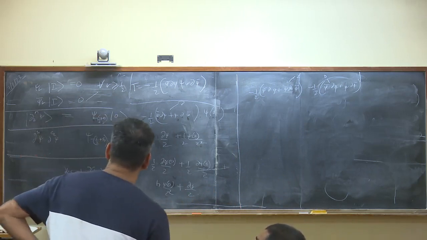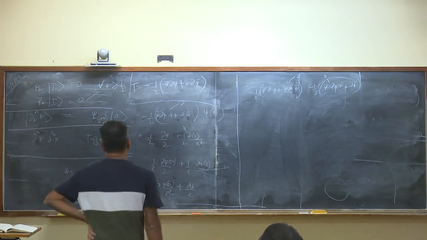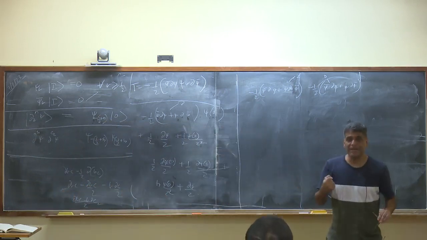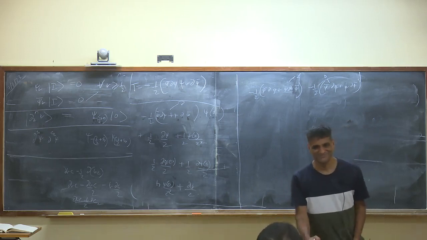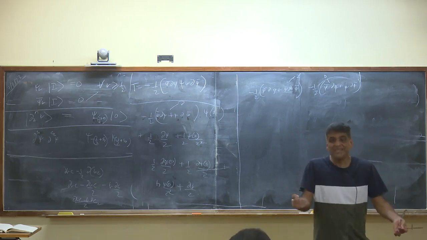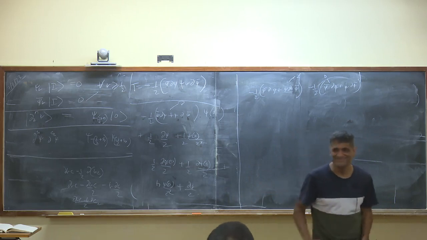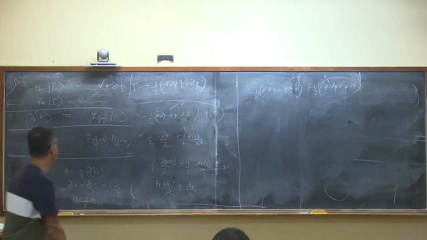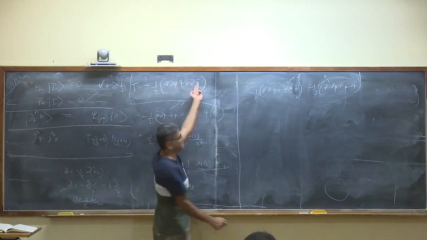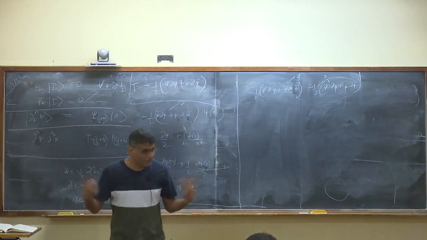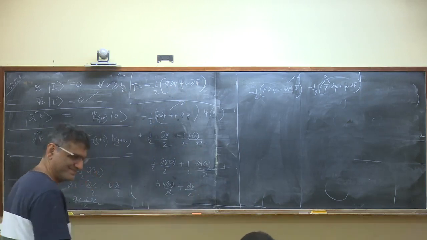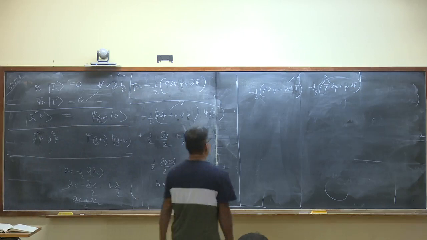Del psi equals 0. It does vanish except when it hits other operators, and the OPE is all about hitting other operators. Both these vanish because psi and psi bar are both holomorphic fields. Right. Excellent.